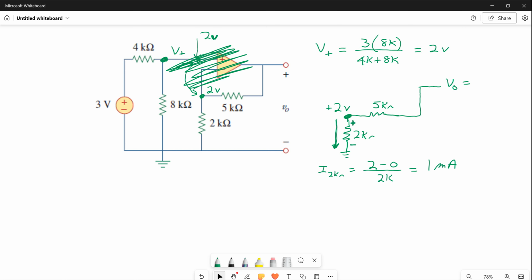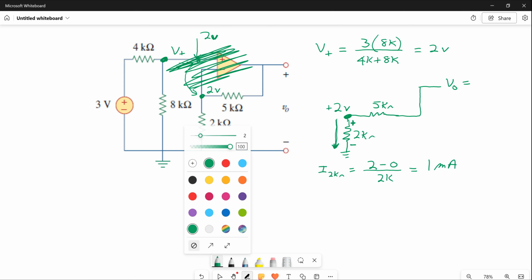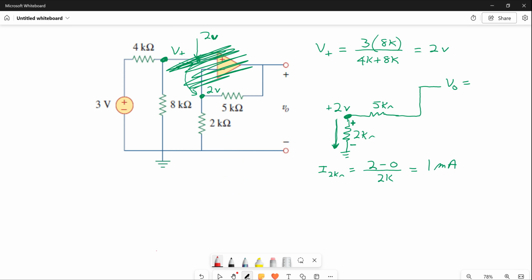Now, how does that 1 milliamp help you analyze the circuit? Well, that 1 milliamp has to come from up here. It has to go in that direction, in that direction, in that direction. It's the same current, because don't forget, we're ignoring the op amp because it takes no current. There's no current here. That current right there is 0.